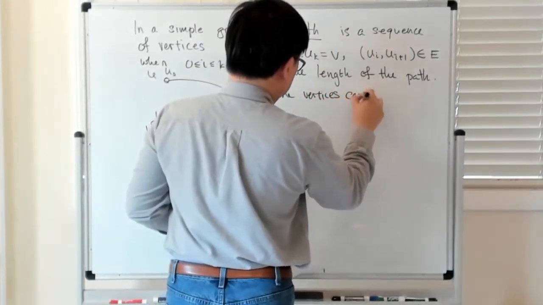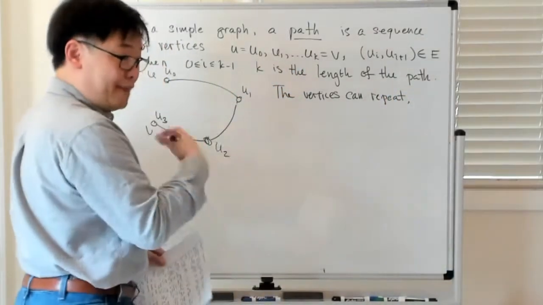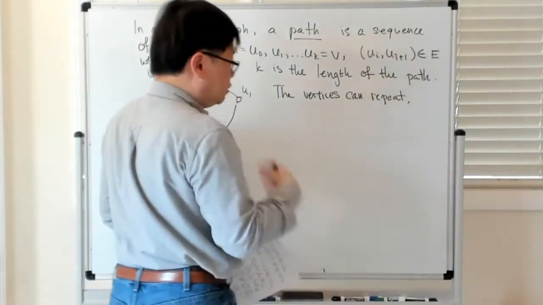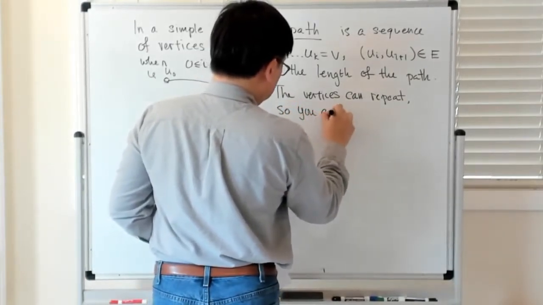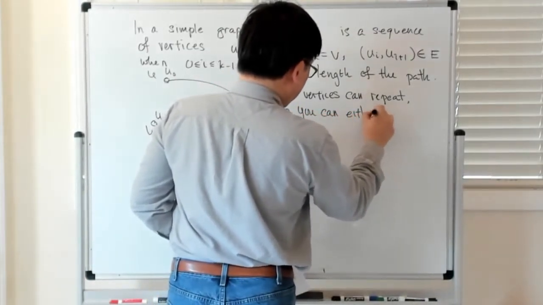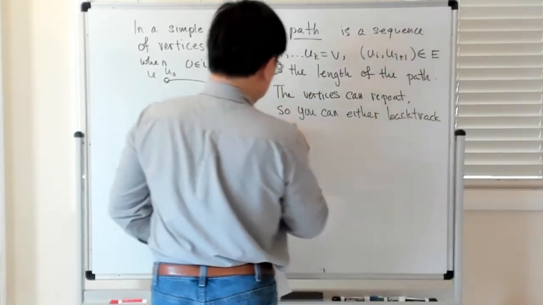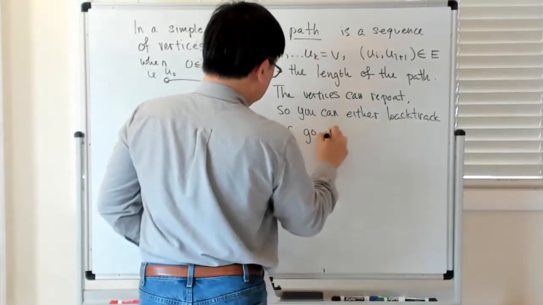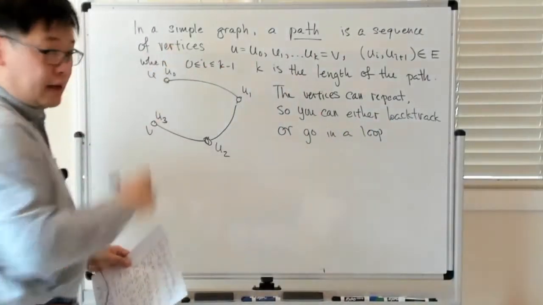You could either backtrack or you could go in a loop, and that would still be a path.